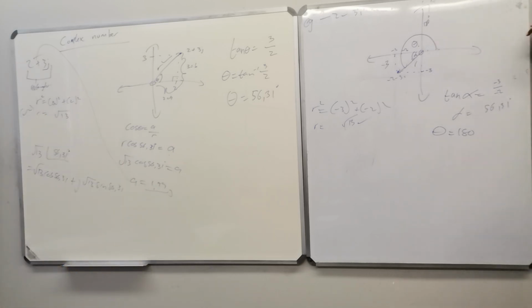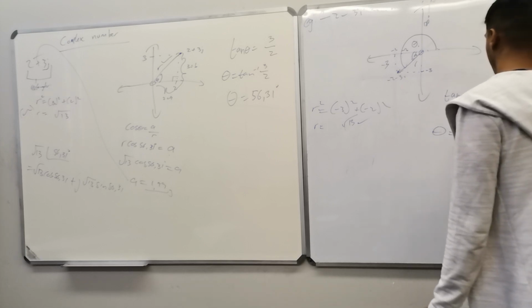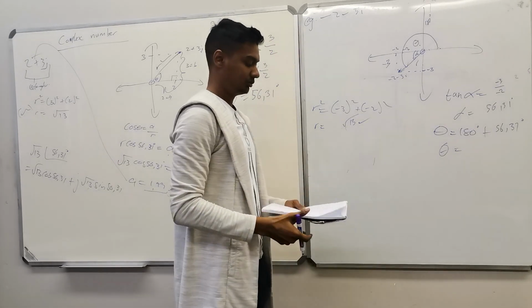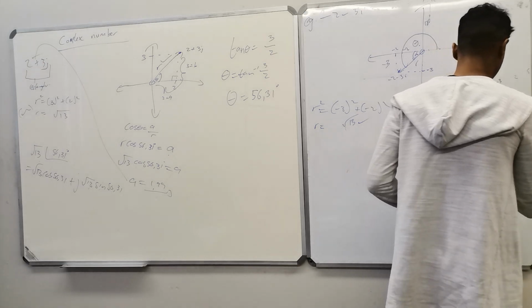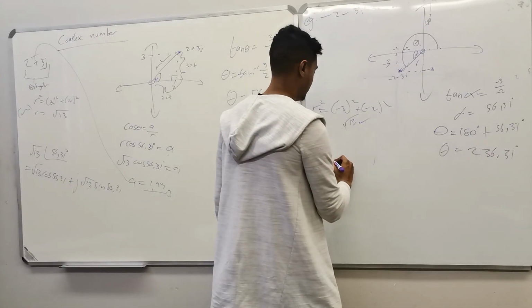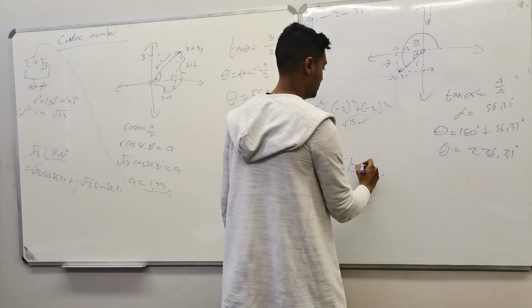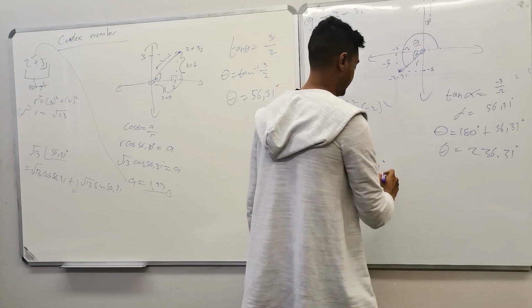Okay, perfect. So alpha is 56.3. Give me theta. 236.31. So polar form is square root 13 at 236.31.